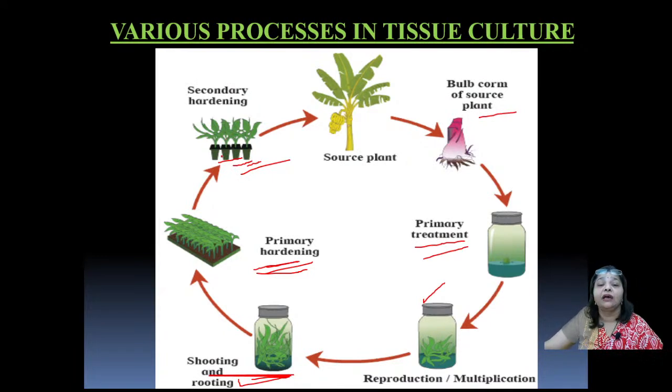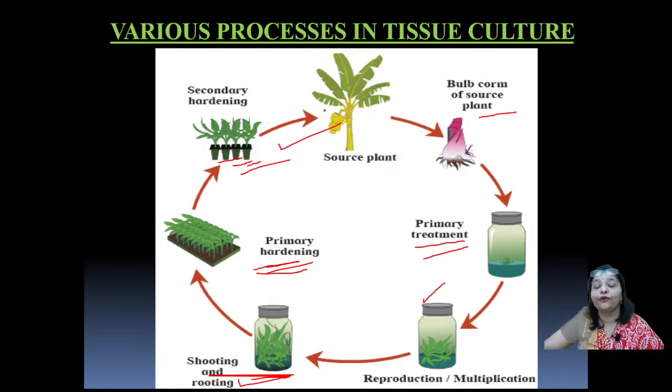Flower pots, small or large, and slowly into the fields. They are transferred into the fields, into the natural environment, where they can start growing profusely and be successful, even though they are cultured plants.